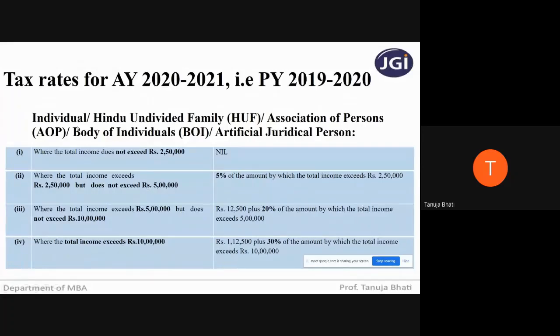Where the total income of an individual, HUF, AOP, BOI exceeds 10 lakh, you need to pay 30% on the amount by which the income exceeds 10 lakh. So just remember, up to 2 lakh 50, no tax; 2 lakh 50 to 5 lakh, 5%; 5 lakh to 10 lakh, 20%; and 10 lakh and above, 30%.